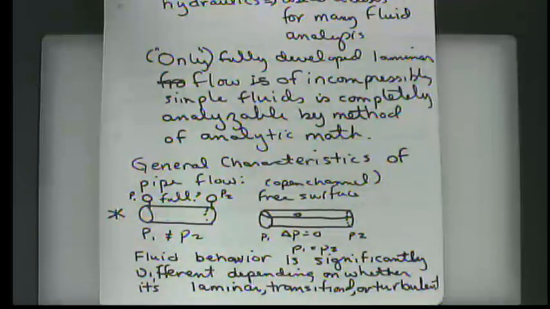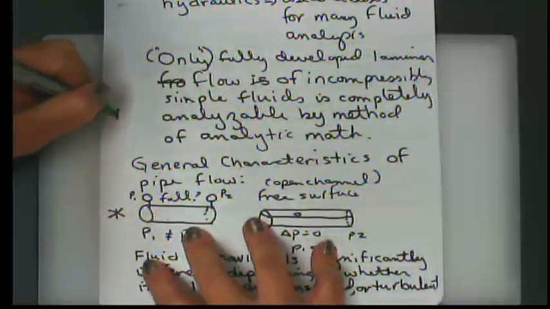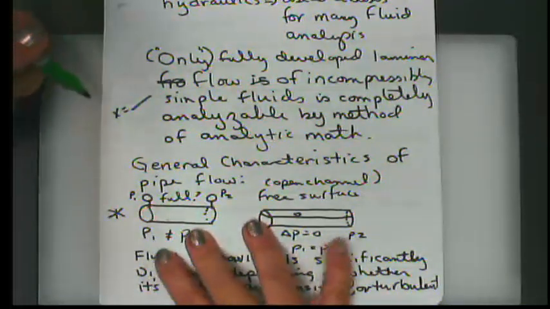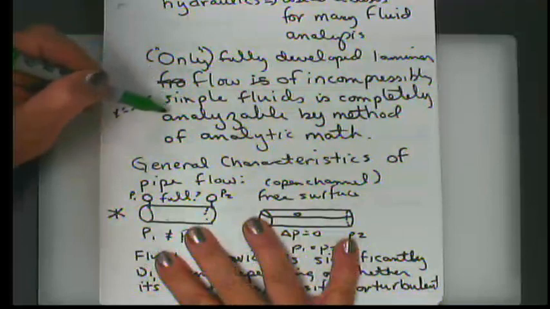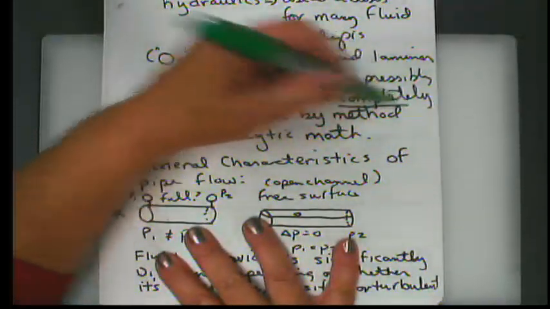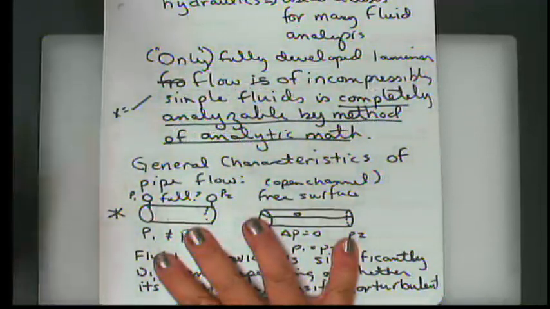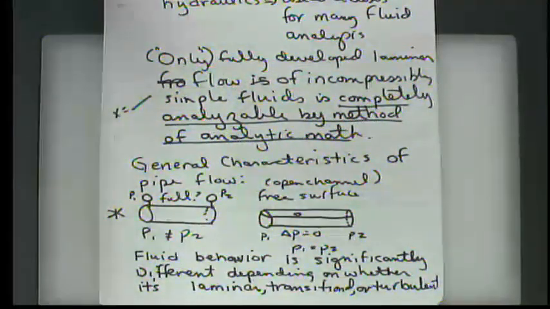And as engineers, this may come as a big shock because we're used to using analytical math, in other words, x equals fill in the blank, that kind of math, as our most important tool. And it turns out that only very simple flow regimes of very simple fluids moving in very simple ways are completely analyzable in this manner when it comes to fluid dynamics.